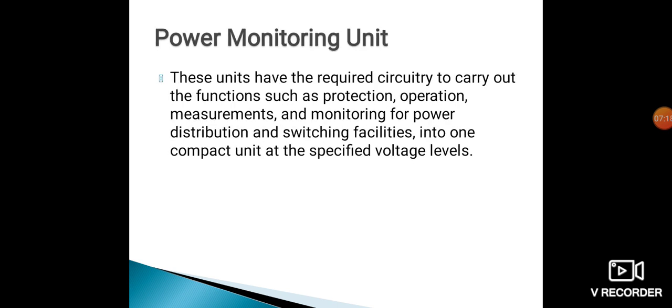Next device is the power monitoring unit. This unit has the required circuitry to carry out functions such as protection, operation, measurement and monitoring for the power distribution and switching facilities in one compact unit at a specified voltage level.